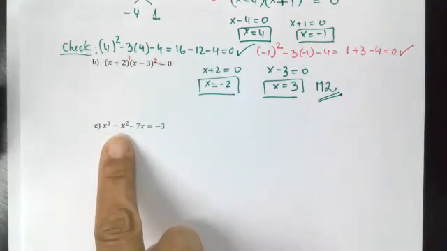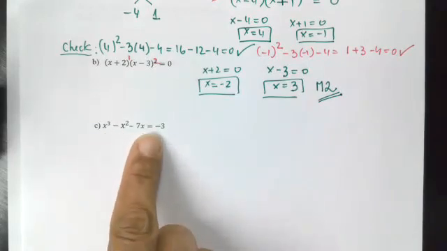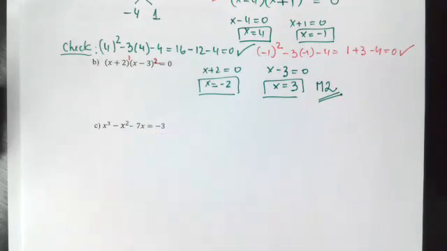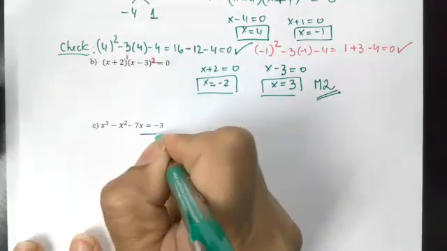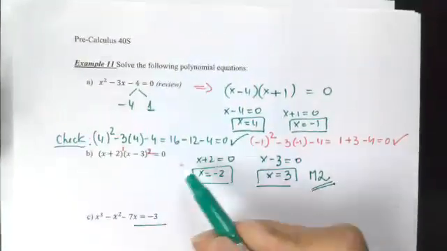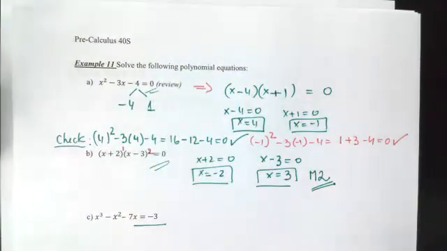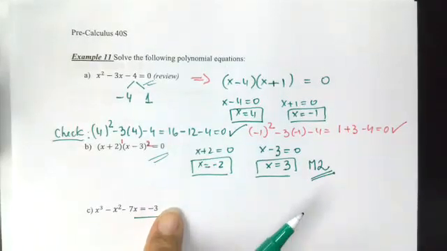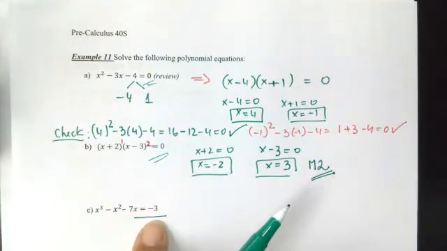So x cubed minus x squared minus 7x equals -3. We know this is not equal to 0, okay? Factorization doesn't work as the starting point of an equation if it's not equal to 0. The only way you could solve this one, not equal to 0, is by graphing it, okay?